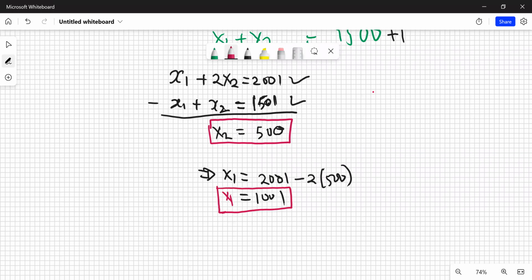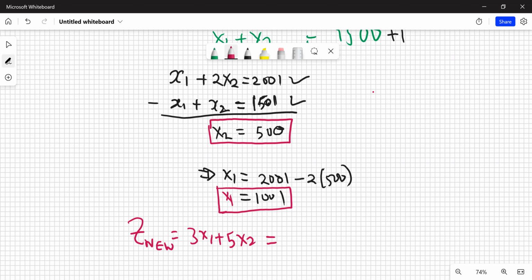So once you get these new values of x1 and x2, you are supposed to recompute your z value. Let's call it z new. Remember, z is given by 3x1 plus 5x2. So we plug them in there, and we compute the new value of profit.